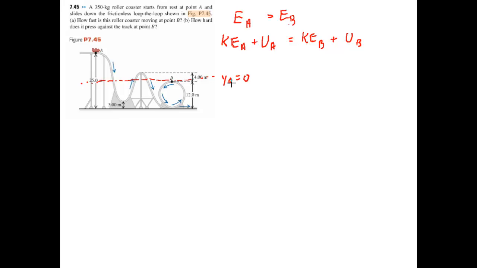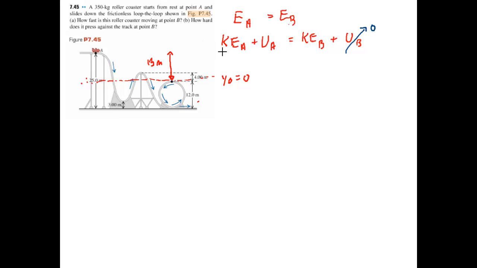This would be the point where I have no potential energy, and this distance between the top of the roller coaster and B is going to be 13 meters. That's the 25 meters minus the 12 meters there. So by using that definition, my potential energy at B is going to be equal to 0.